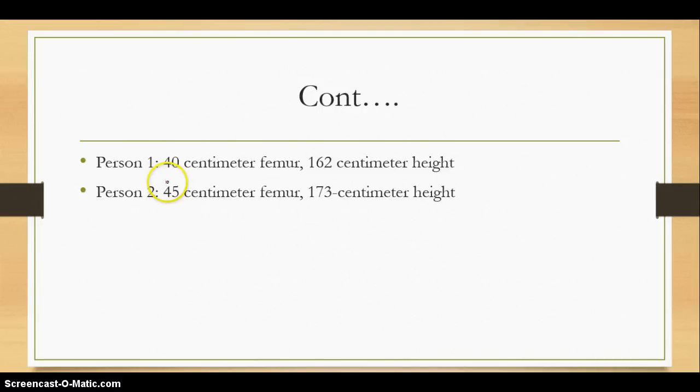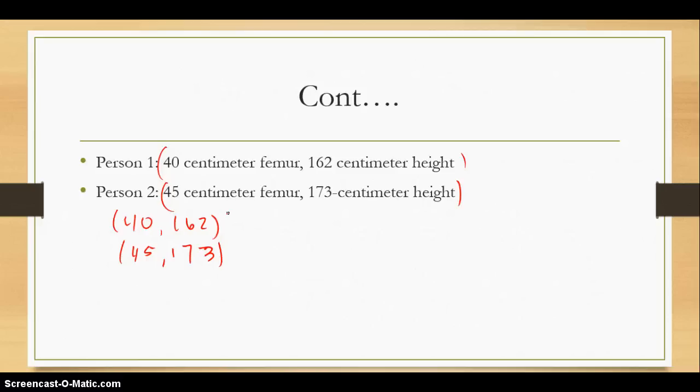So now, think about this. These are two ordered pairs. So we have 40 and 162 and 45 and 173. Now I know that as the femur is longer in length, the taller the person will be.